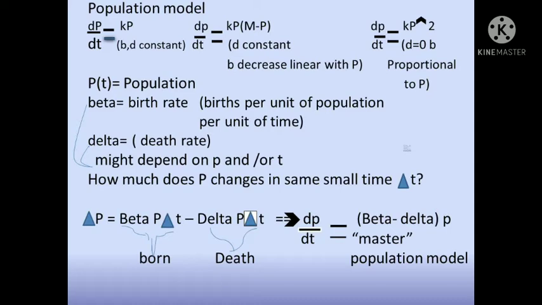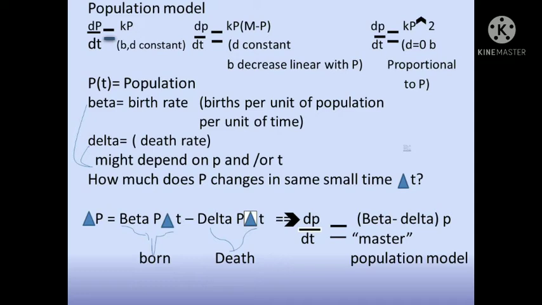That's dP/dt = (beta minus delta) times P, and I will remind you again that beta and delta may depend on P or t. That's perfectly okay in this model. Now here I have written just briefly what beta and delta are in each of these models.